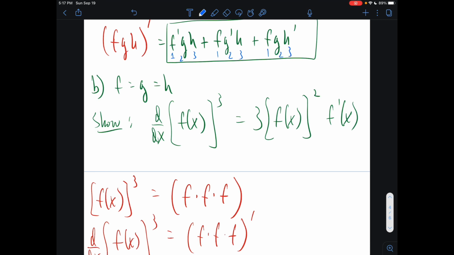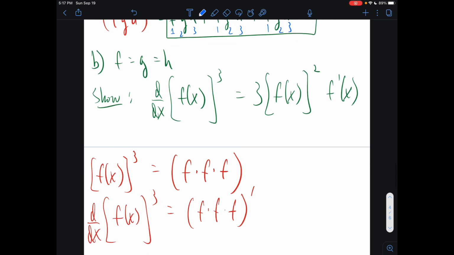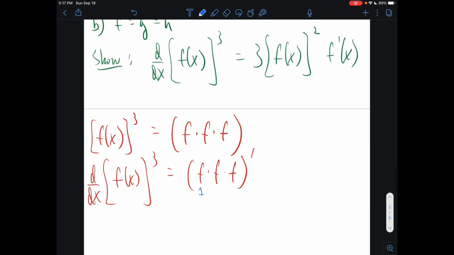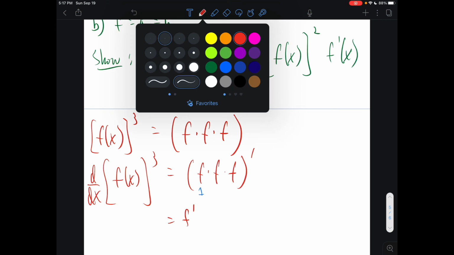then really we're just going to have, okay, the first function, its derivative, f prime, and then times the second and the third.